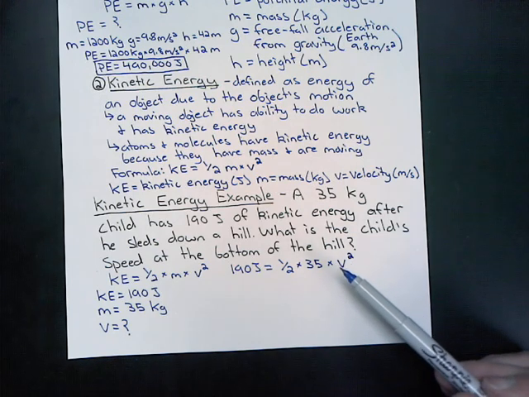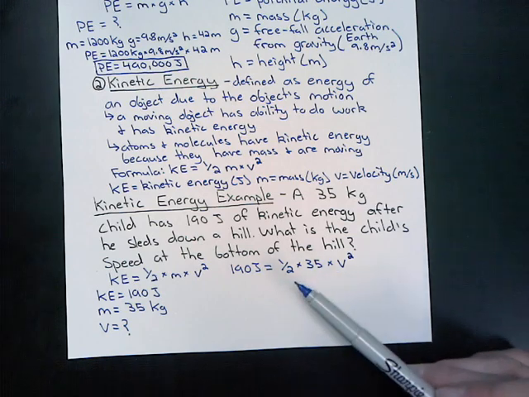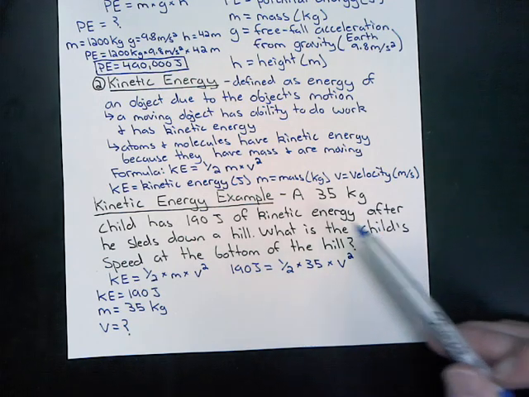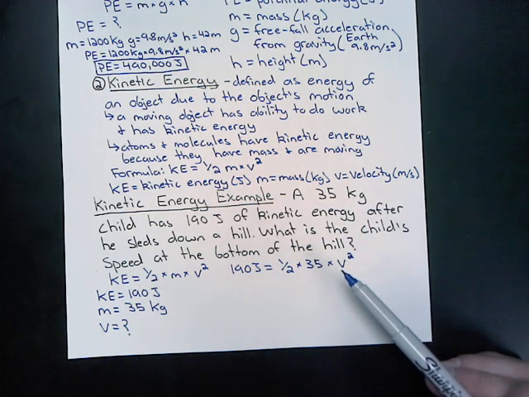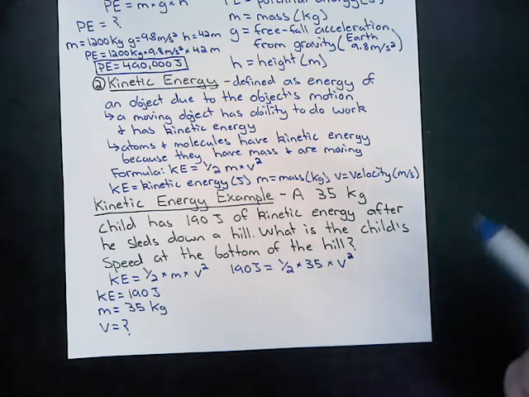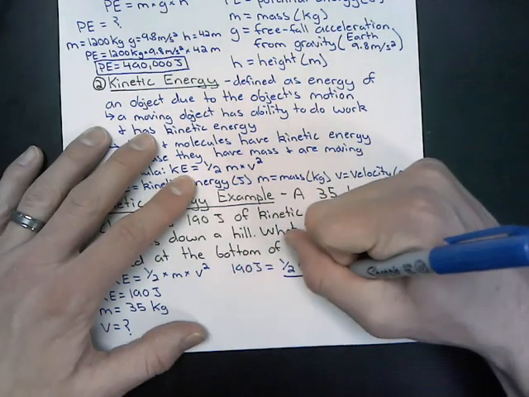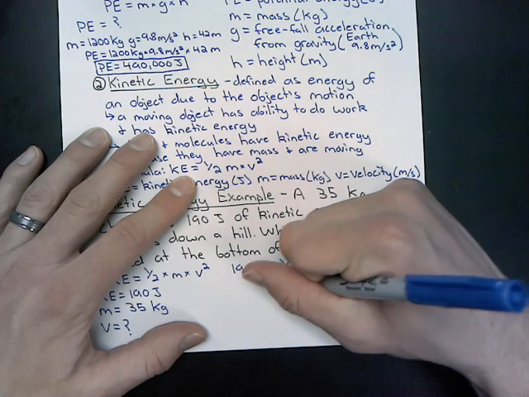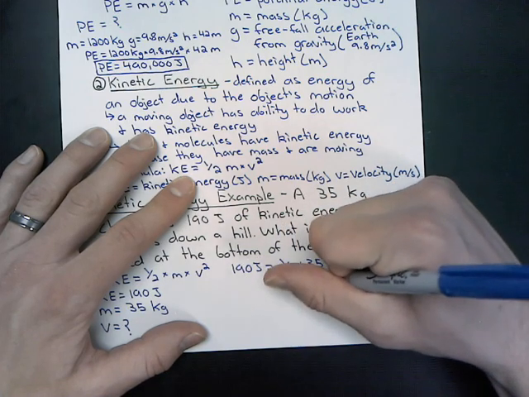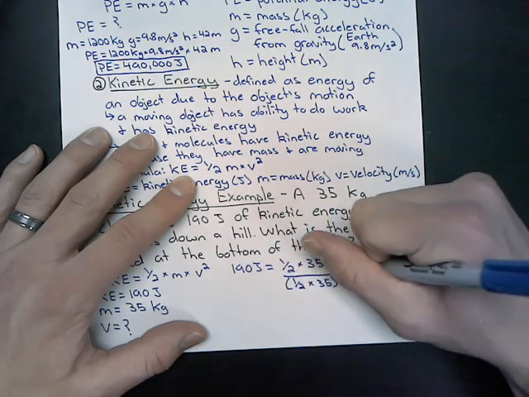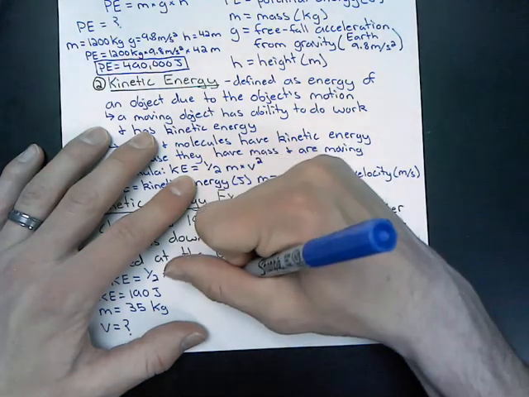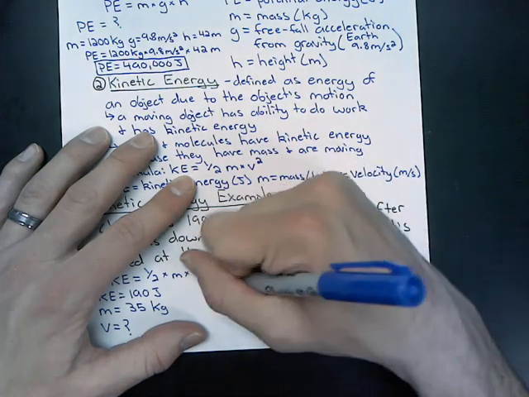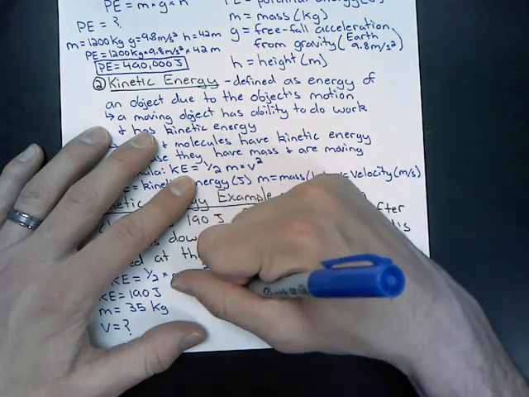So what I am going to do is I am going to get rid of everything that's attached to the v squared by doing this. I am going to divide by half times 35. That's so I can isolate v by itself. And I'm going to divide that on each side.